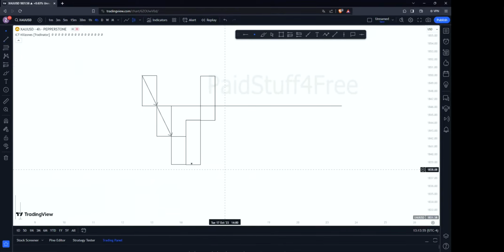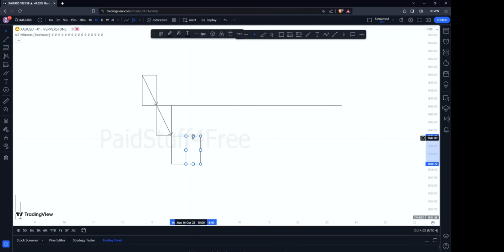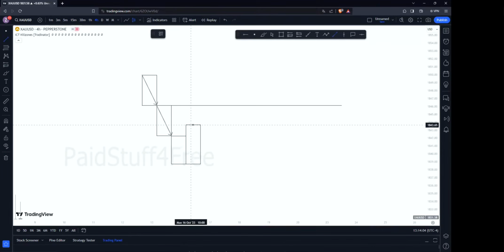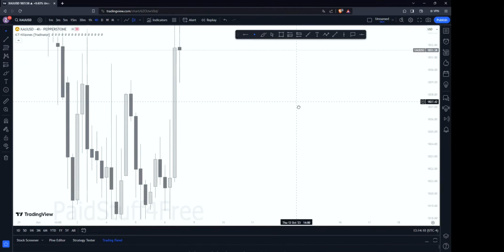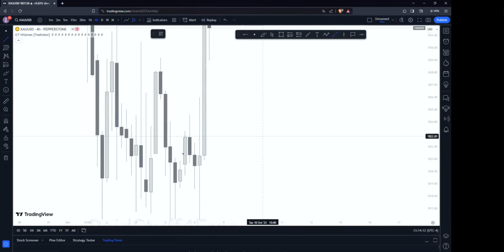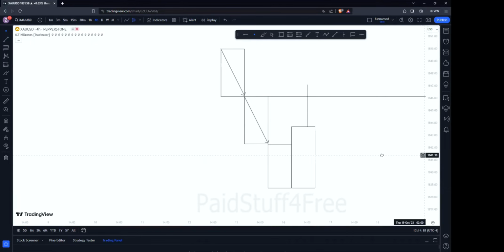Now, let's say the price tagged it with a wick. Let's take an example right here. There is a wick on the level. So this level becomes unfresh.